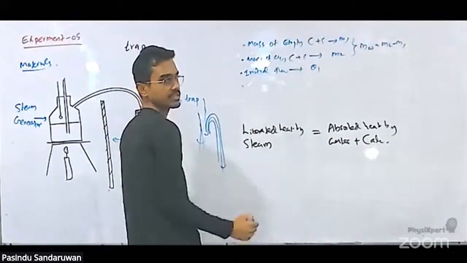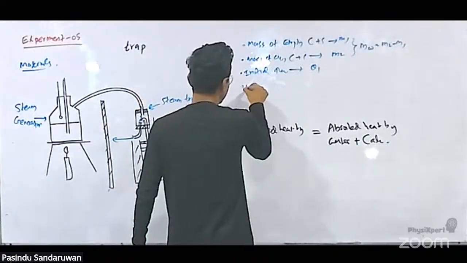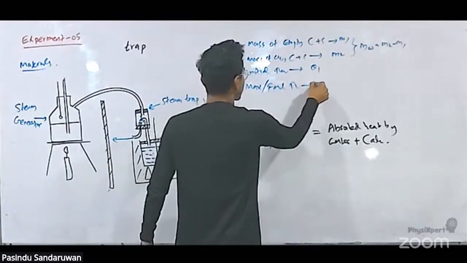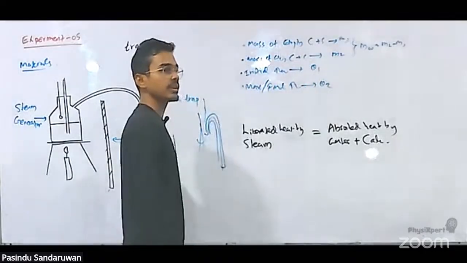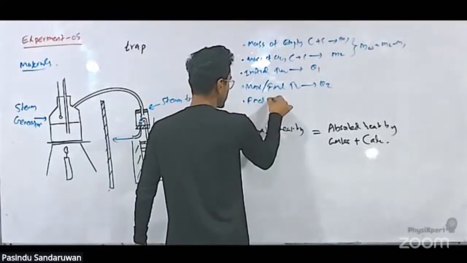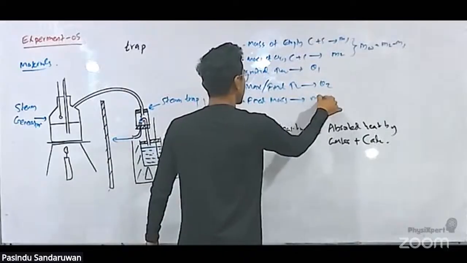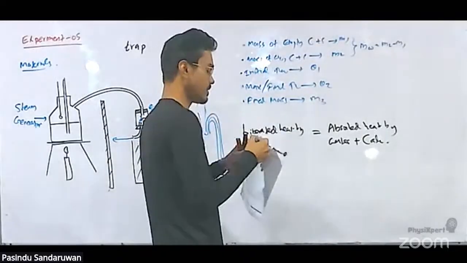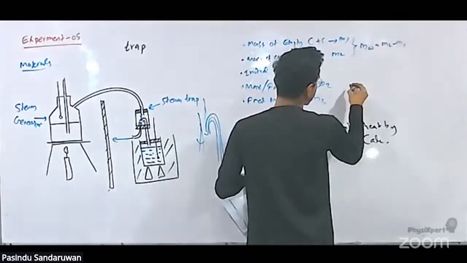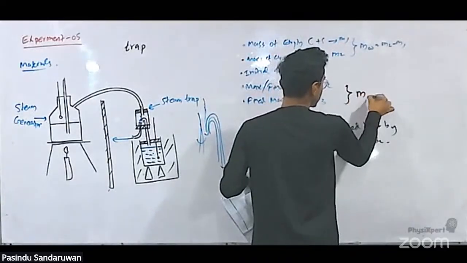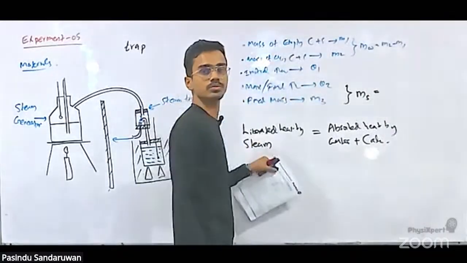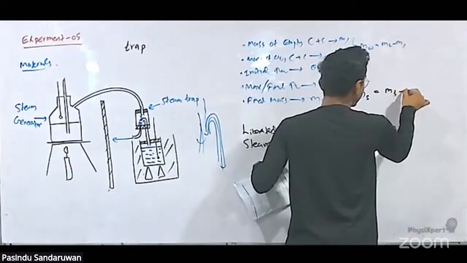We need the maximum temperature, the maximum or final temperature of the system, say theta 2. Then finally the final mass, say M3. What is the mass of added steam? The mass of steam is M3 minus M2.